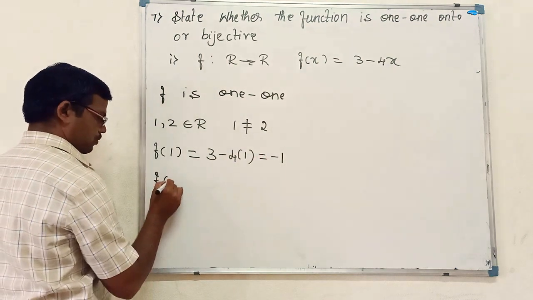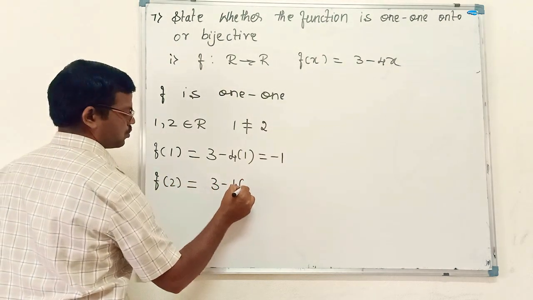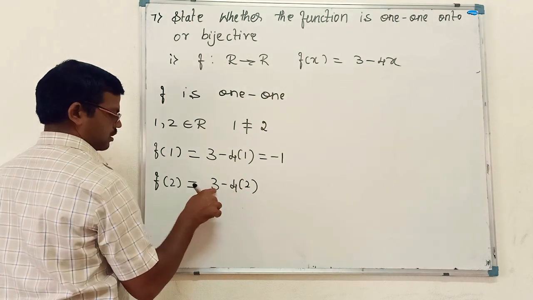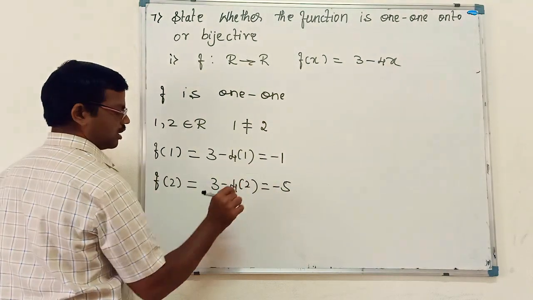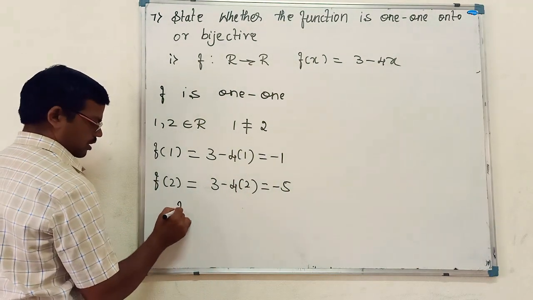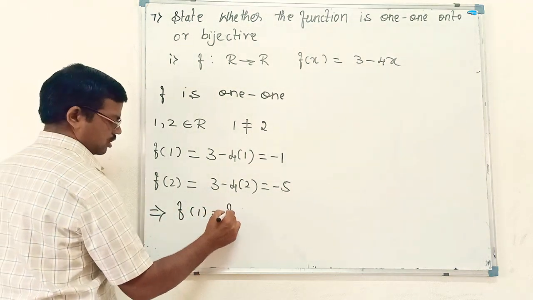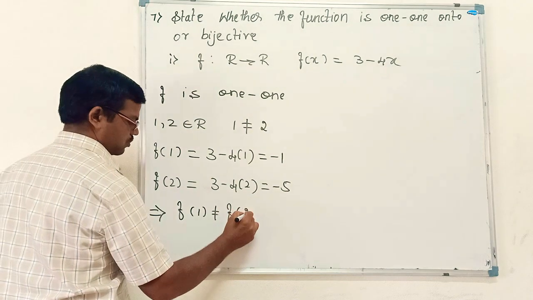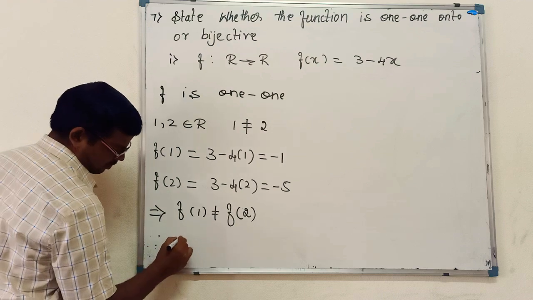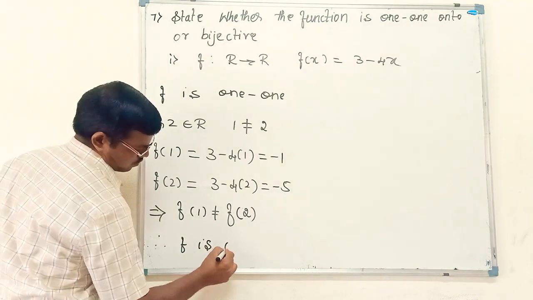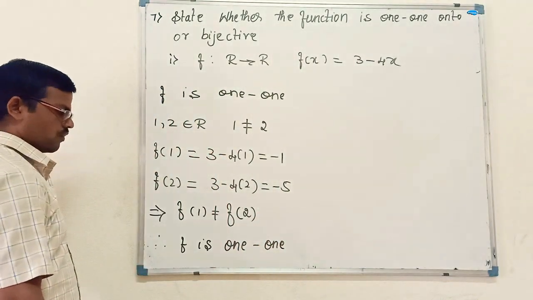Next, f of 2: where there is x we put 2, so 3 minus 4 into 2, which is 3 minus 8, that is minus 5. Are both equal? No, never. So f of 1 is not equal to f of 2. Different elements got different images, therefore f is 1-1.